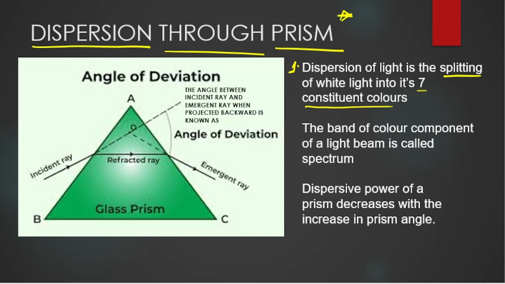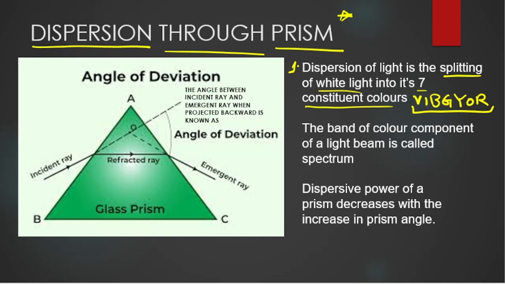So basically white light is actually made up of 7 colors, known as VIBGYOR: violet, indigo, blue, green, yellow, orange, red. The combination of these 7 colors together makes white color.